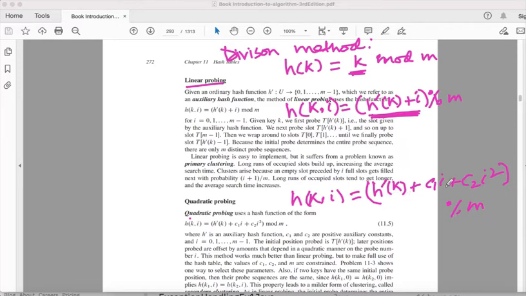Okay, so that means this is a quadratic function. Or even if c1 is equal to 0, then we can say i squared.